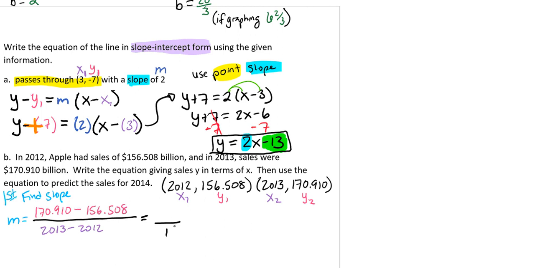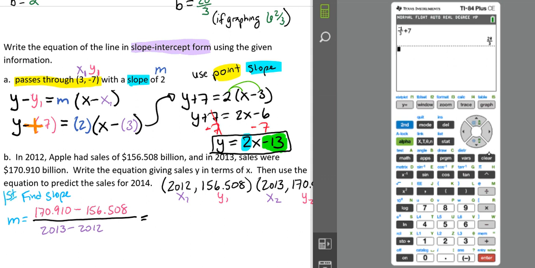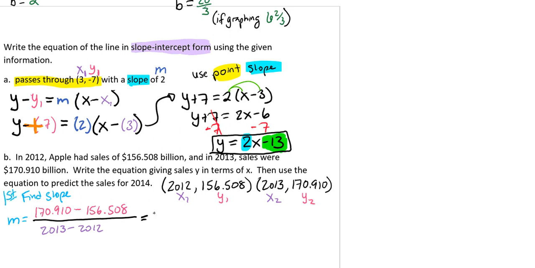So because it's going to be a whole number, I'm not going to worry about writing that down. I'm just going to worry about finding my subtraction. So 170.910 minus 156.508. All right, we're going to get 14.402. All right, so that's our slope.